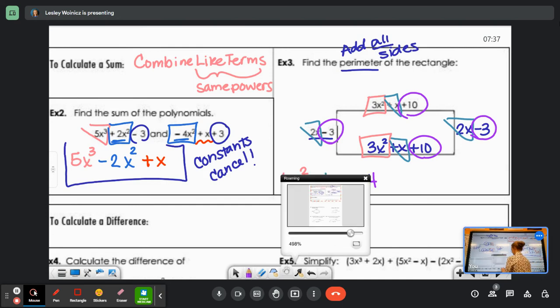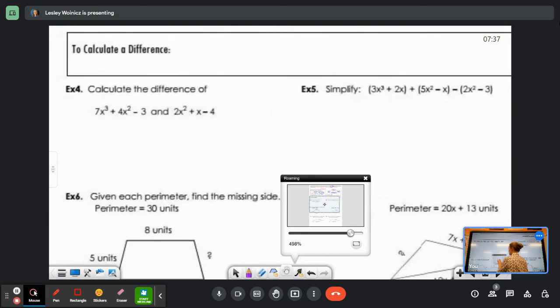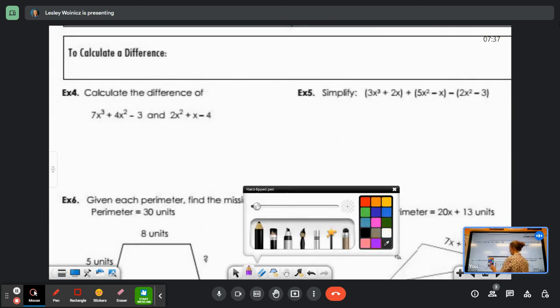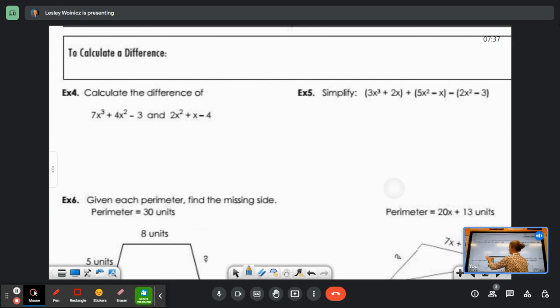Okay, moving on. To calculate the difference, guys, it is basically the same thing with one big exception. Before we can combine like terms, we have to distribute a negative.